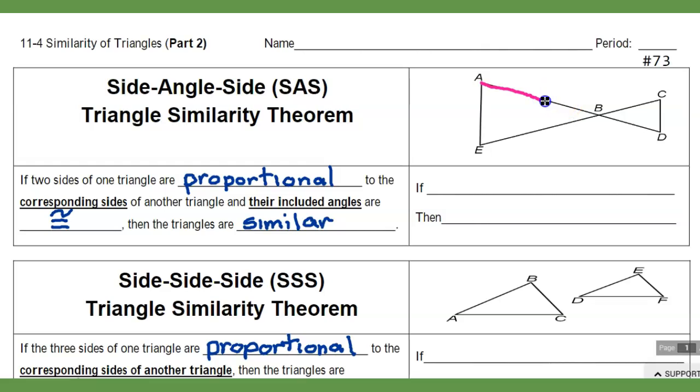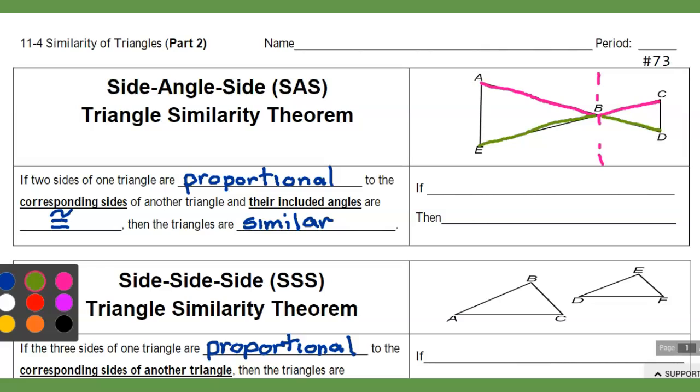Okay. Now I'm going to do this as a reflection. So imagine this is like a mirror going down. Okay. So that these two will end up being proportional, and these sides end up being proportional. And recall with side angle side that the angle has to be the included angle.